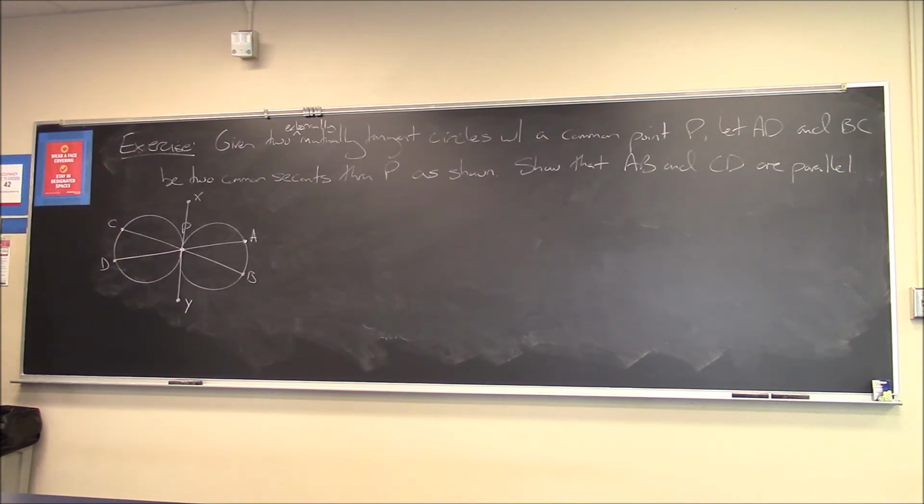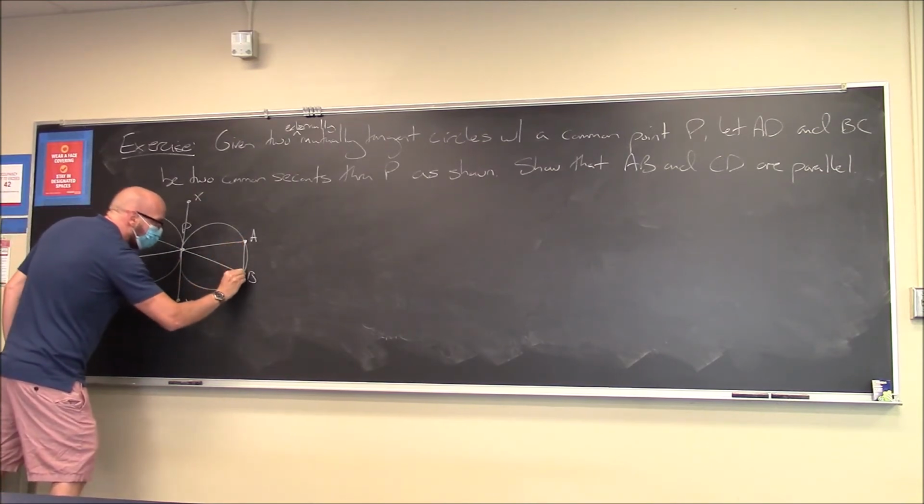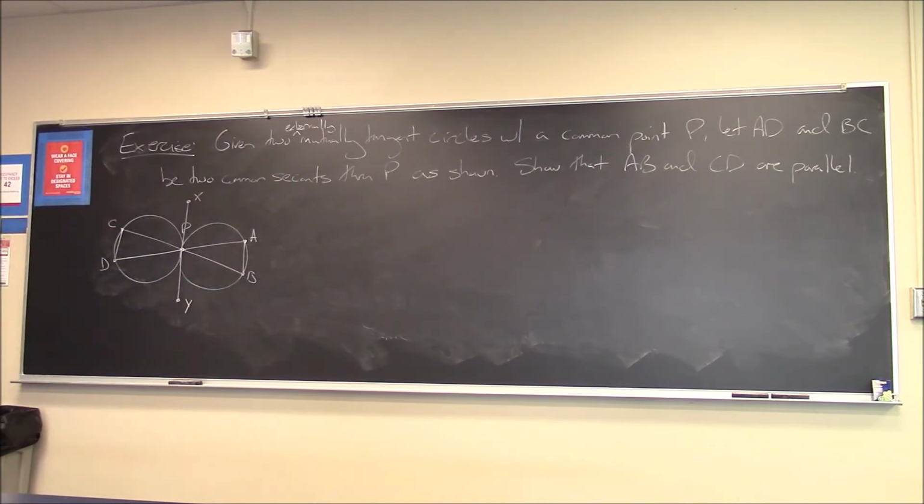All right, so here's the situation. What we're trying to do is prove this. We're trying to show that CD is parallel to AB. In my picture, they don't look parallel at all. Why not? Because I can't draw and these aren't actually circular. But if they were perfect circles, they would be parallel. All right, so we're going to prove that.